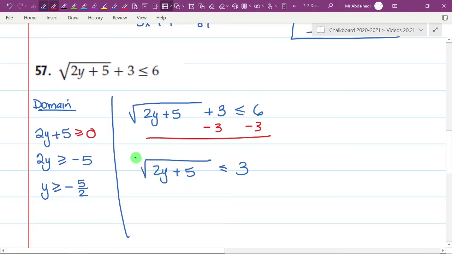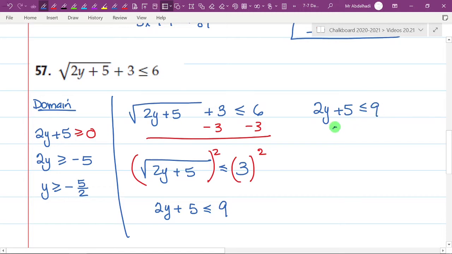So we can kind of skip that writing step and just say, all right, we're going to square both sides, because this is a 1/2 power, and that 2 would cancel out the 1/2, right? So we'll take the square of both sides to get rid of the square root here. And we get this. And this side becomes a 9. Continuing. We'll subtract 5 from both sides. And we'll divide both sides by -2. And we get y is less than or equal to 2.